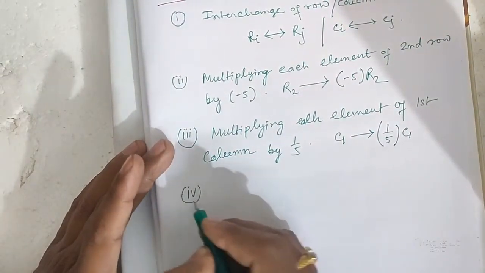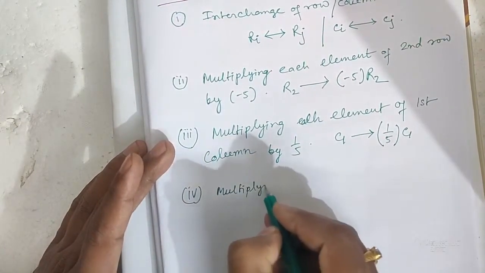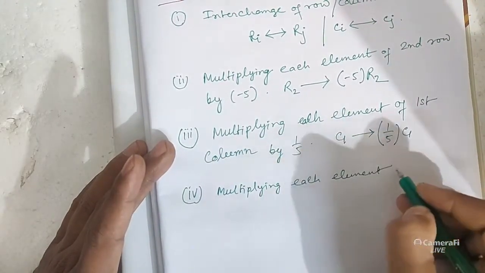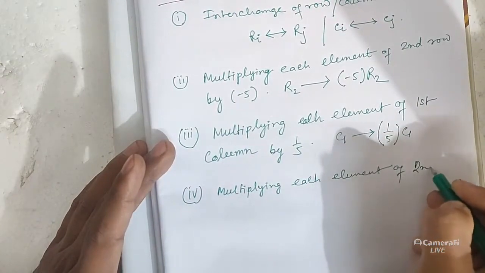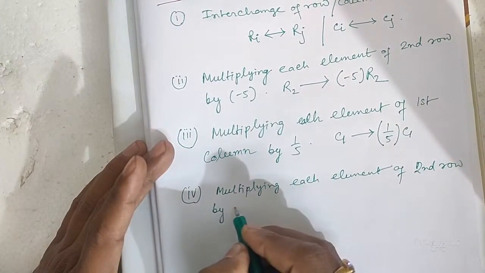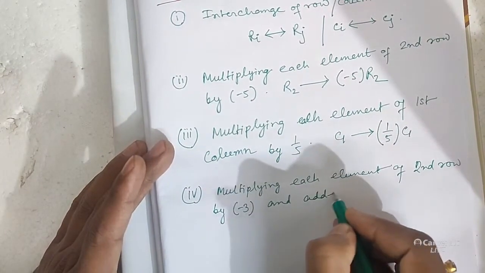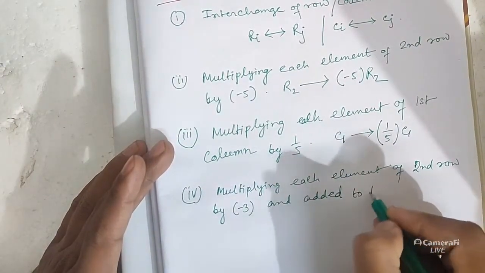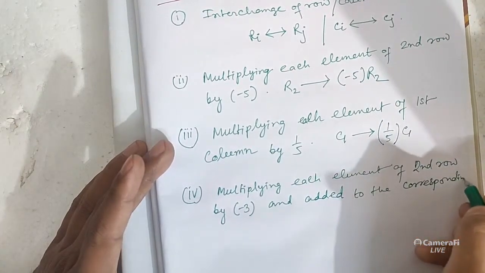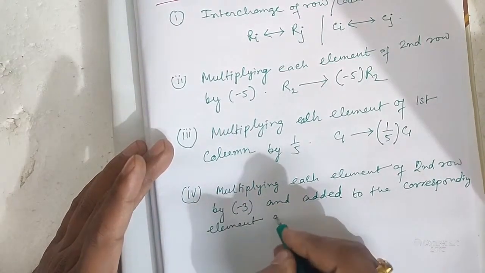Then number 4, multiplying each element of second row by -3 and added to the corresponding element of first row.